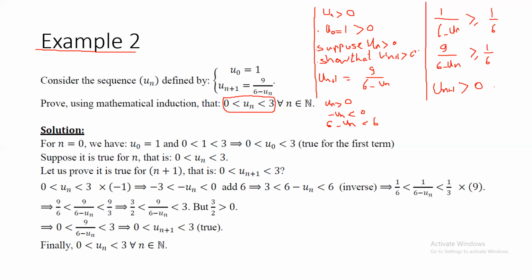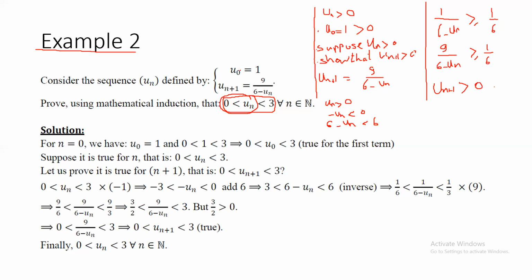Okay, I will repeat step by step. Since I need to prove that un is between 0 and 3, I have to prove un is greater than 0 and un less than 3. I have to prove un greater than 0. For this step, I use mathematical induction.